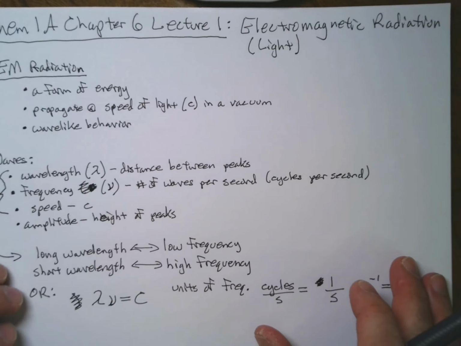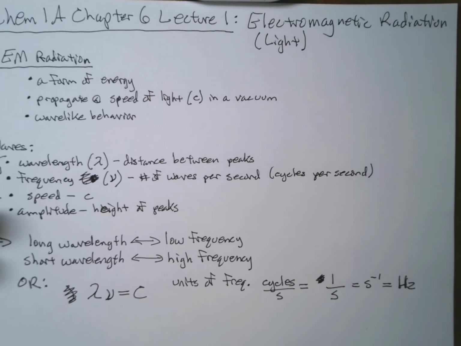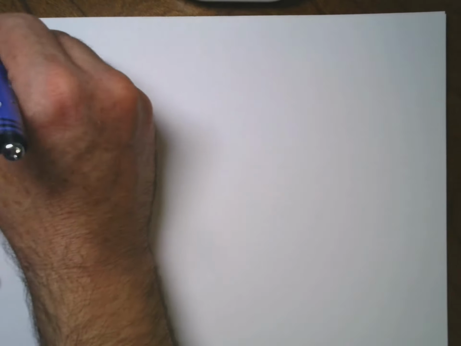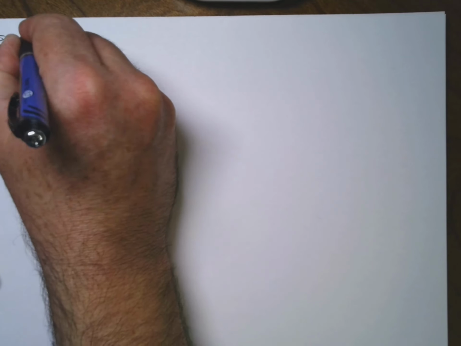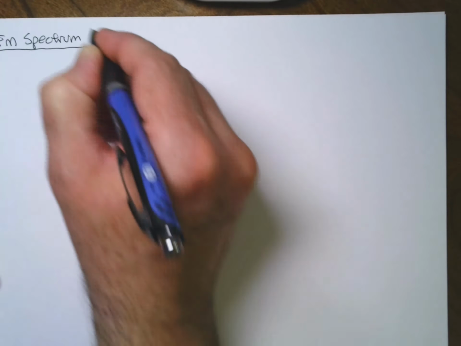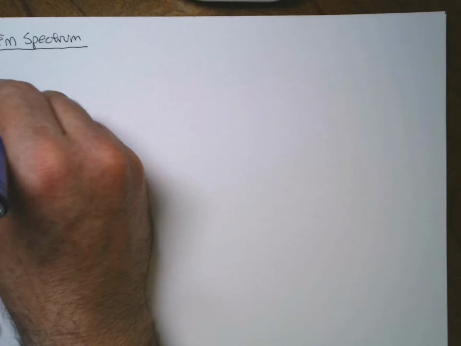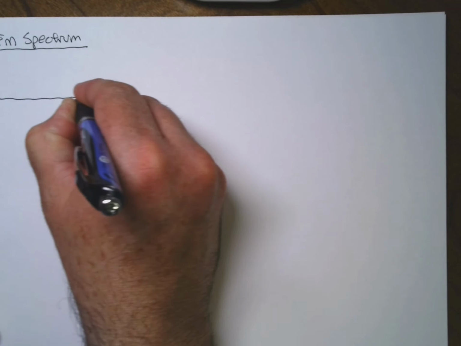Okay, now let's take a closer look at the electromagnetic spectrum, because we'll be talking about parts of this spectrum in more detail in this chapter.